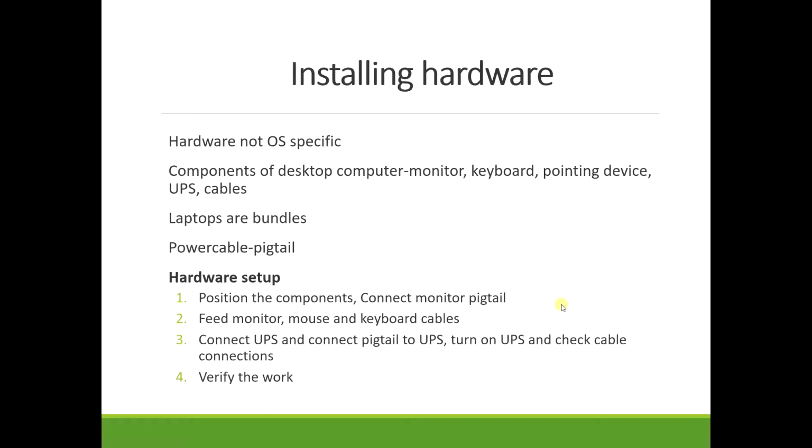We also have the display or monitor, the keyboard, pointing device, uninterruptible power supply, that is the UPS, and cables for all of the components plus a network cable. Some systems are more bundled, such as laptops or MacBooks, which bundle everything except the wireless mouse and wireless keyboard that are available separately.